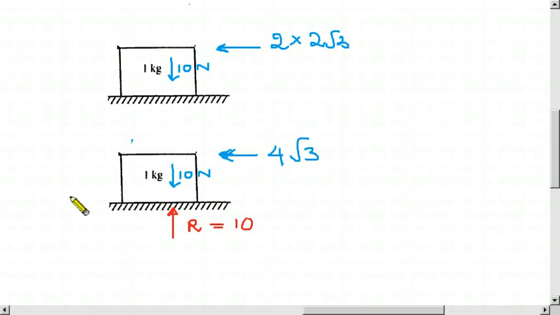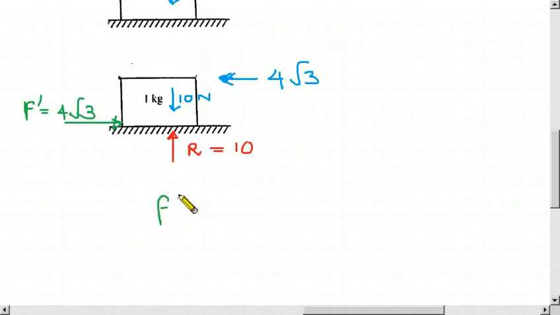Friction is opposite to this given force, opposite to the motion. So the block is slightly slipping this way due to this force. Therefore this frictional force is equal to 4 times root 3. It should be equal because very slightly it is slipping.